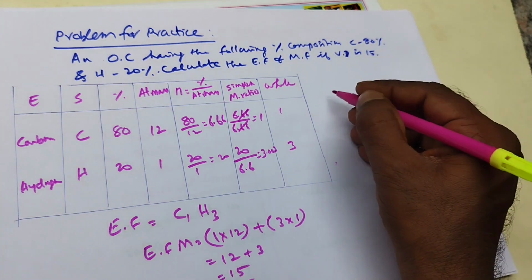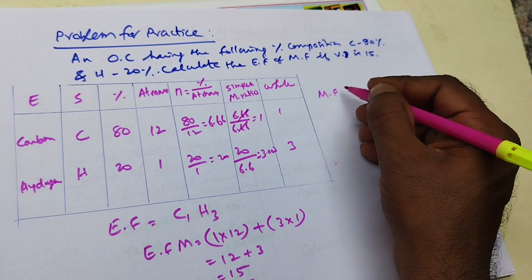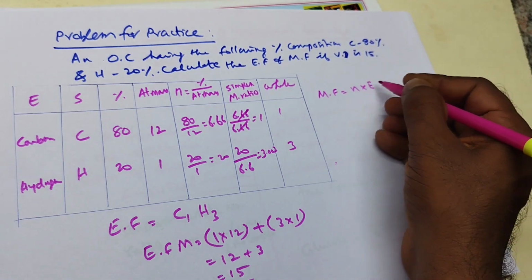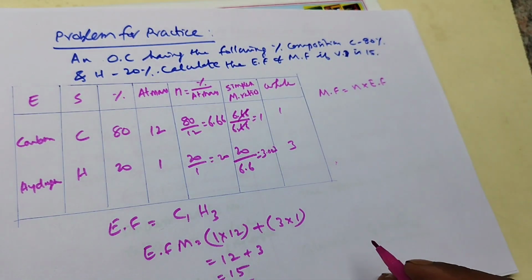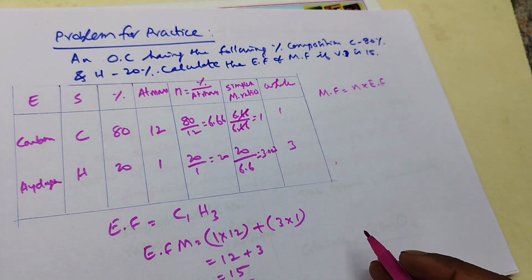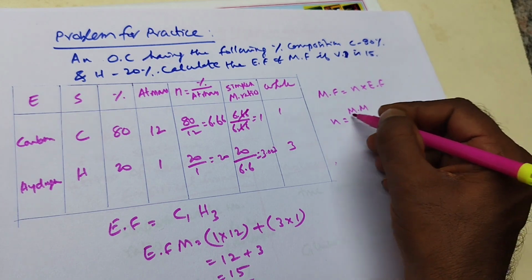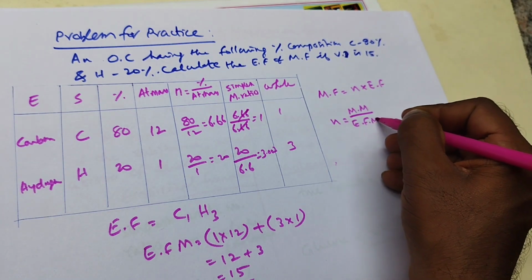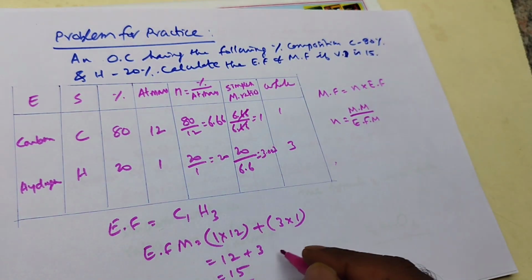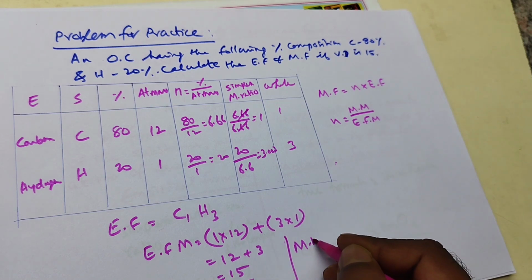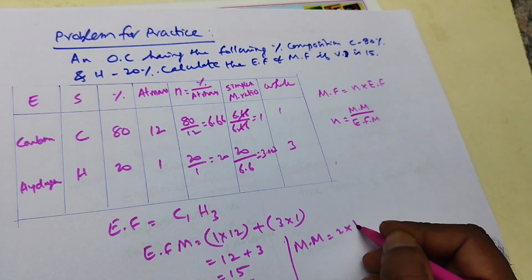If you want to find the molecular formula, it is n into the empirical formula. How can you find n? n is equal to molecular mass divided by empirical formula mass. How can you calculate the molecular mass? Molecular mass is equal to 2 into vapor density.